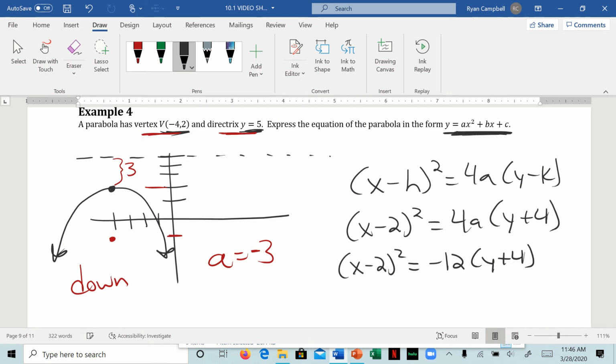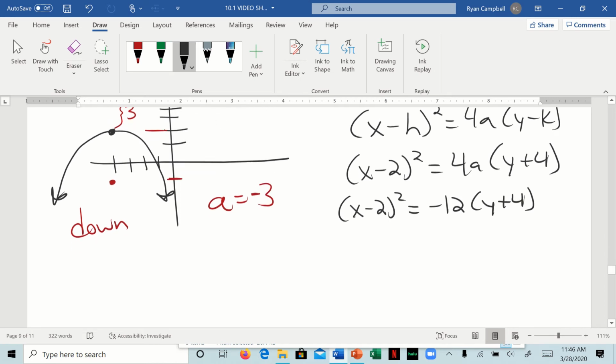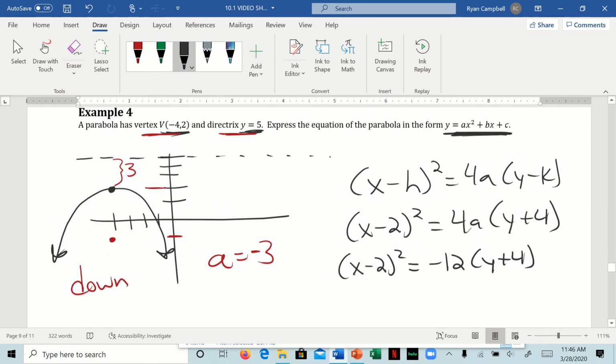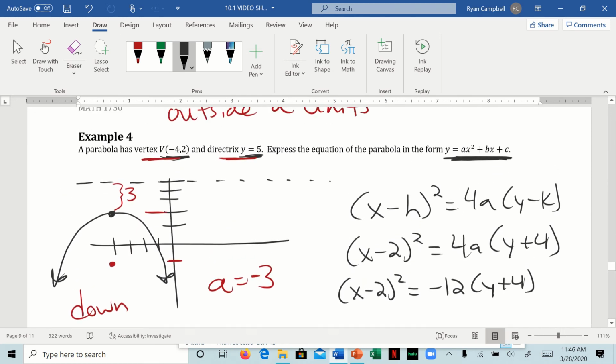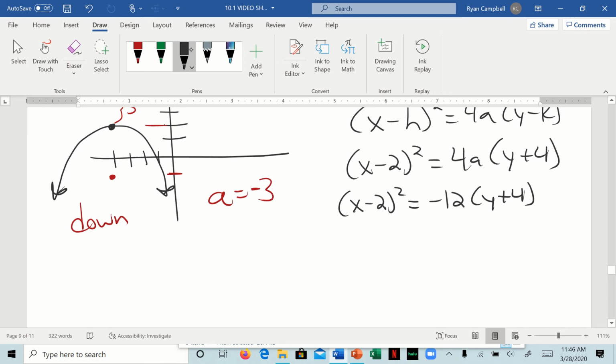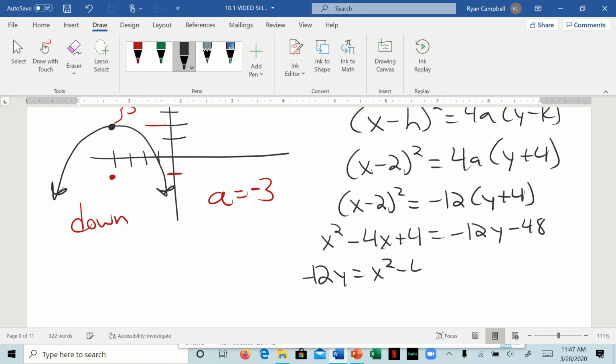But they said to put it in this form. So let's just put it in that form. So we get x squared plus 8x plus 16 equals -12y plus 24. So we can subtract 24 from both sides, which gives -12y equals x squared plus 8x minus 8.